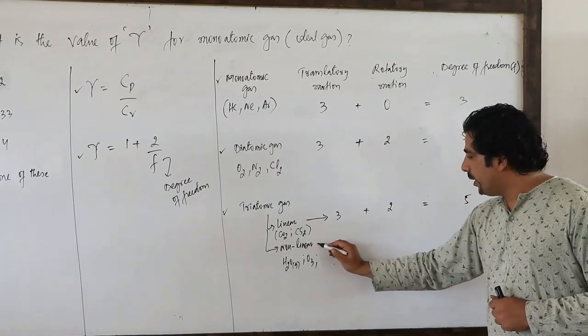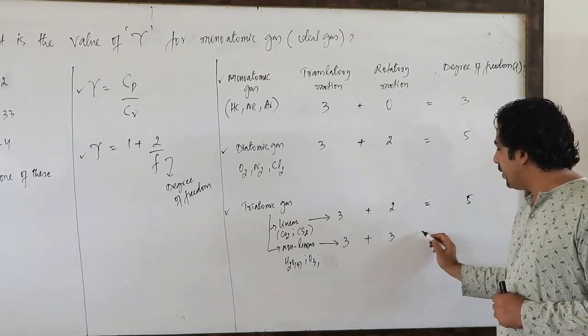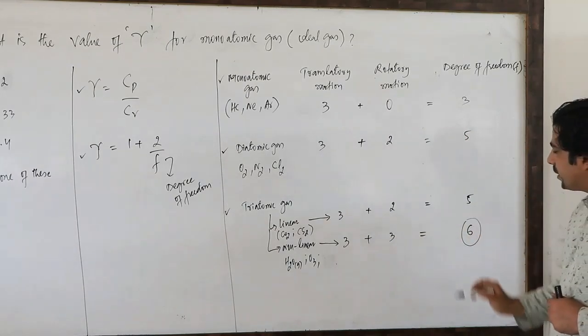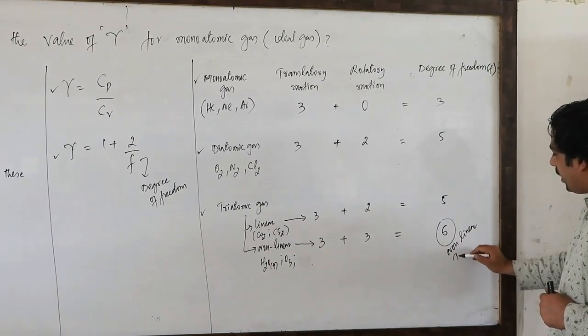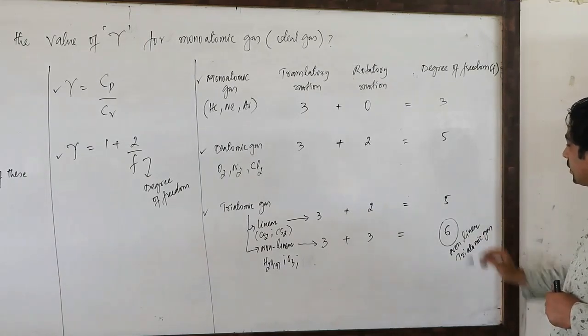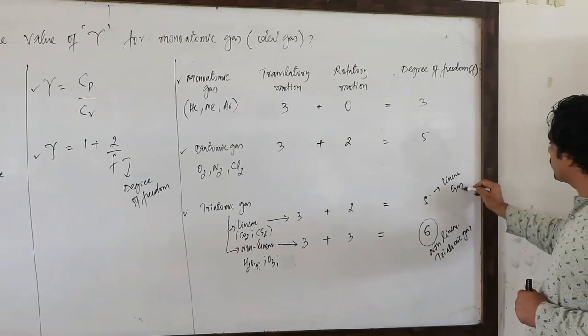But for the non-linear gas, this is 3 and this is also 3. So degree of freedom is 6 for non-linear triatomic gas, and this is for linear gas.